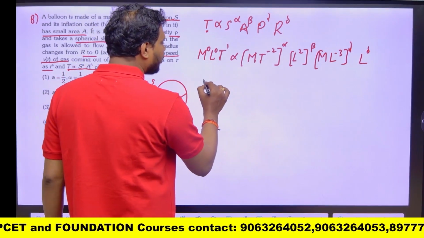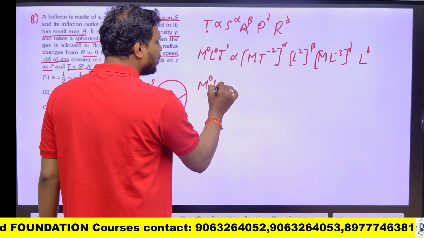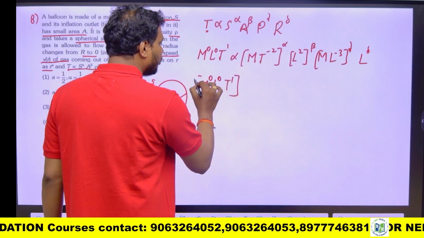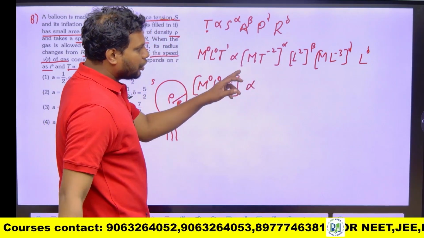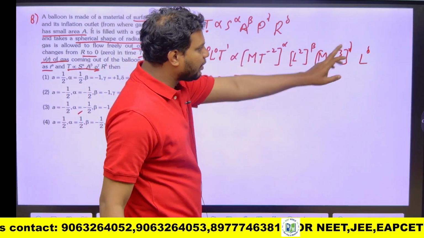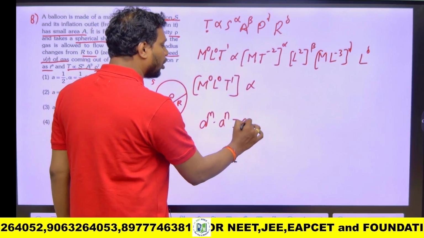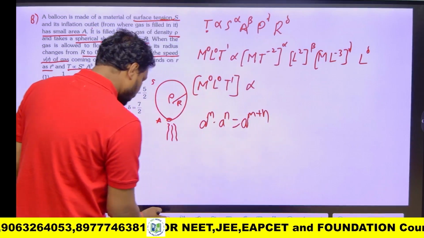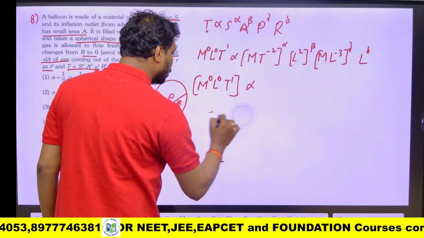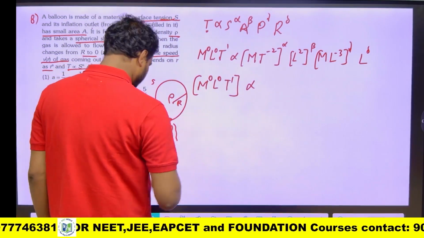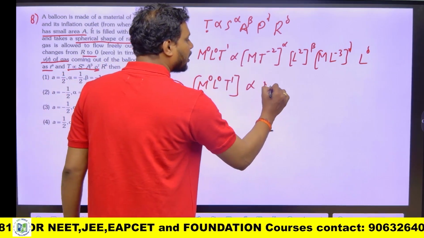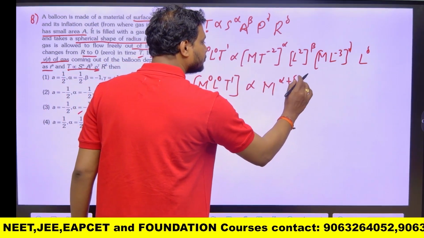So how am I going to equate these powers? M power 0, L power 0, T power 1 is proportional to, here you can take M power alpha and here M power gamma. Then it looks like a power m into a power n, and the formula is a power m plus n. So based on that formula, here you will get M power alpha plus gamma.